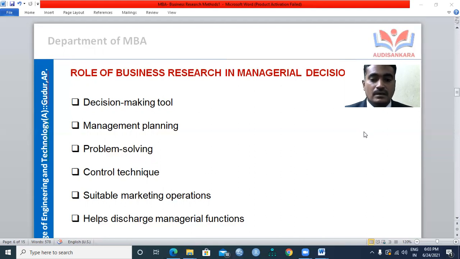So that's how business research will facilitate the best decision making with respect to managerial functions also. And the next one, business research will facilitate production, with respect to quality control aspects, quantity management, quality management, cost controlling techniques, plant layout, machinery installation, plant erection, and the schedule plan: day schedule, night schedule, and general schedule.